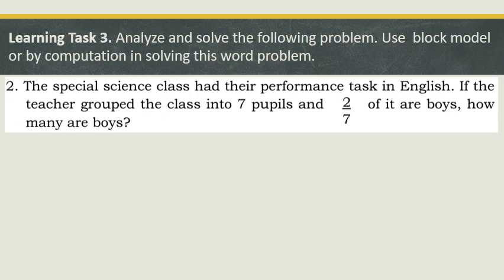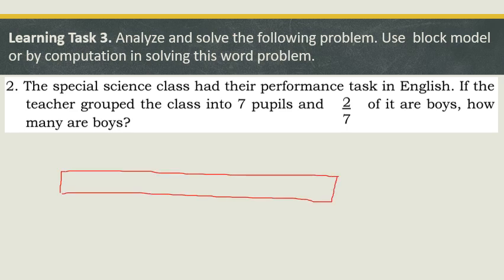Number 2, the special science class had their performance task in English. If the teacher grouped the class in 7 pupils and 2/7 of it are boys, how many are boys? Okay, so sabi daw, 2/7. So, 1, 2, 3, 4, 5, 6, 7. 2/7 daw are boys, so lagyan natin ng color blue.